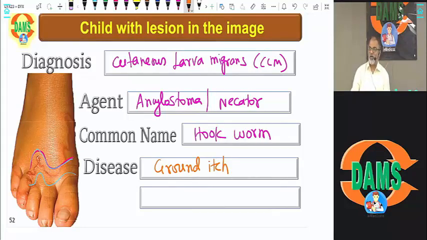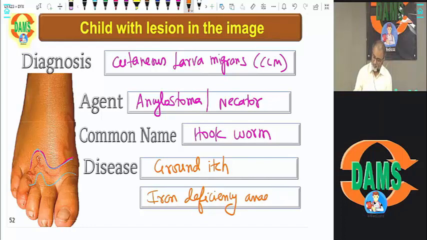And in the intestine, it causes iron deficiency anemia.